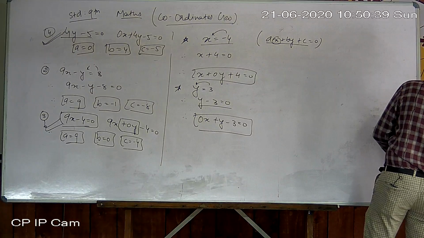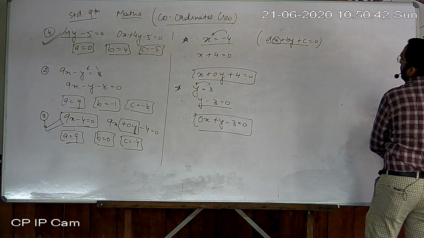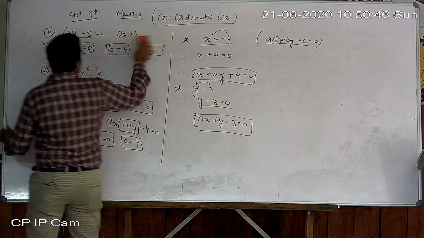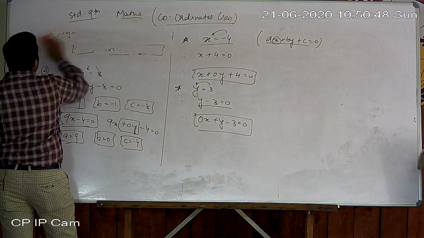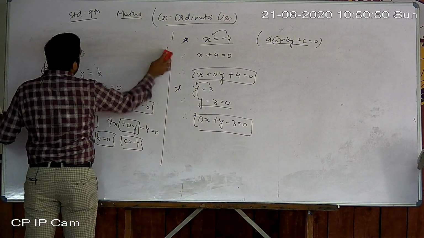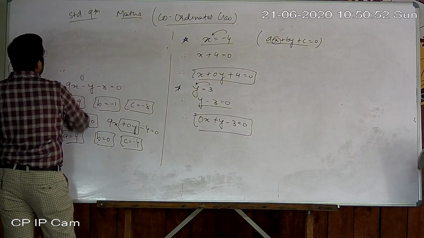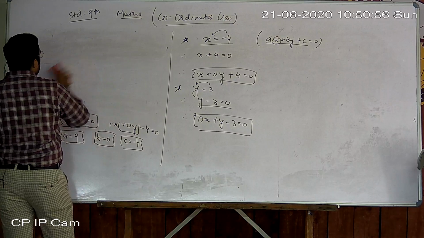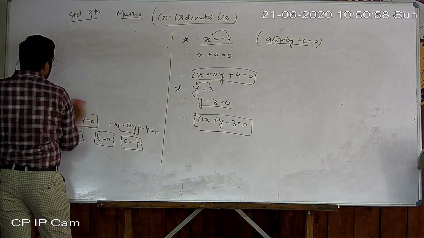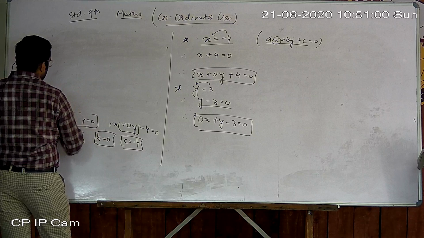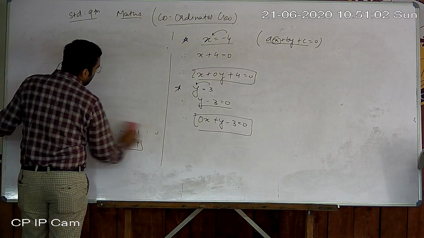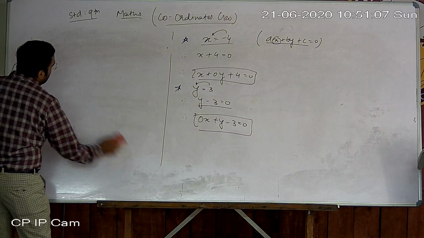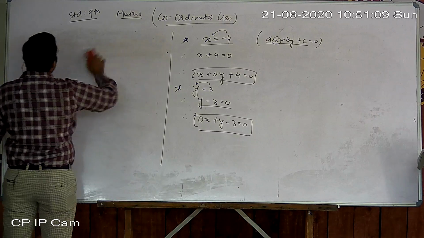Now the question is, write the solution of the equation. Now we have to find the solution of the equation. So how to find the solution of the equation? There are two variables in the equation, and as per the linear equation, we formed it as ax plus by plus c equal to 0.